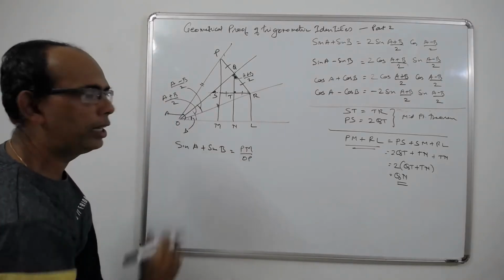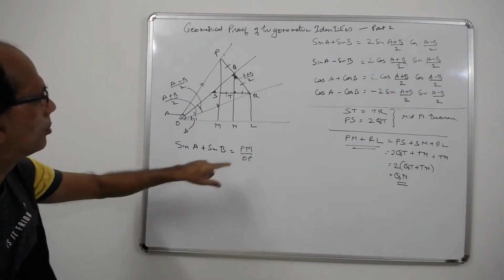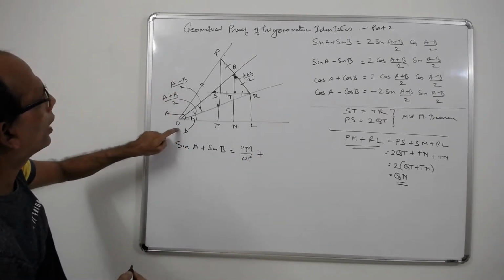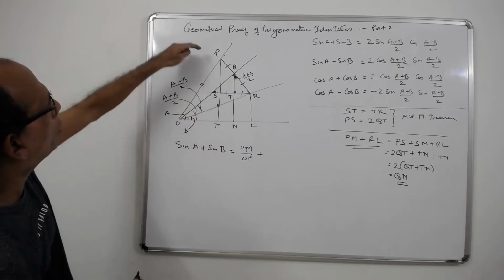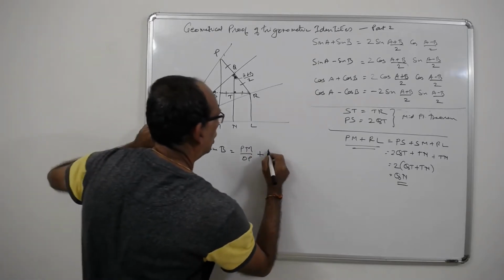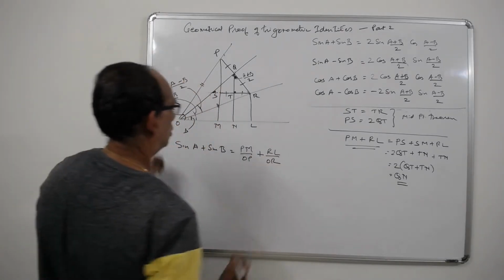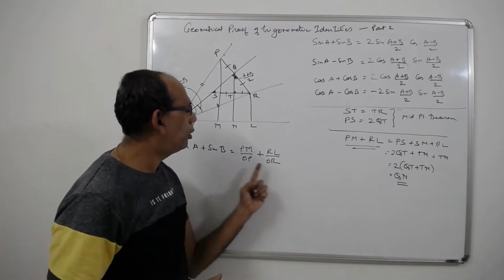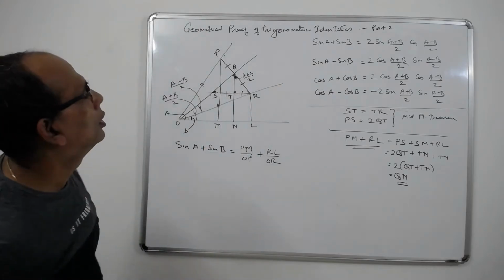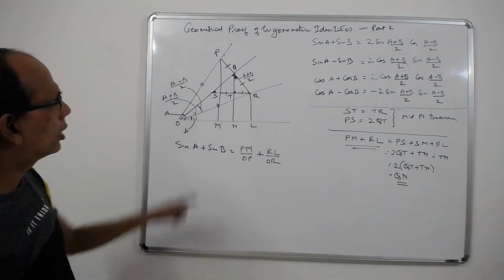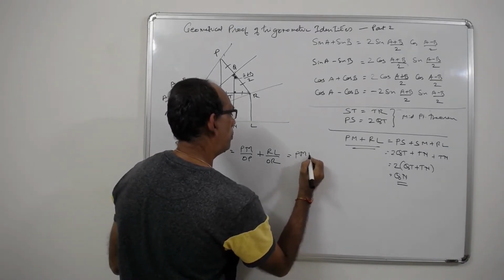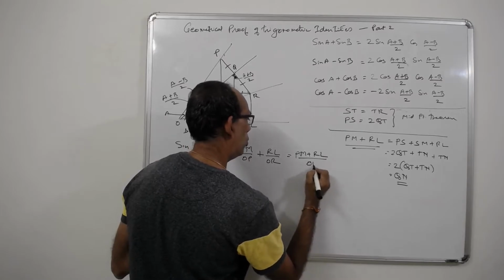Now we will need this here. Look at this. PM upon OP plus sin B is what? Opposite upon hypotenuse, that is RL upon OR. Now if you look, OP and OR are the same. OP is equal to OR because they are sides of isosceles triangles. So I will replace them with OR. Now I call them PM plus RL upon OR.